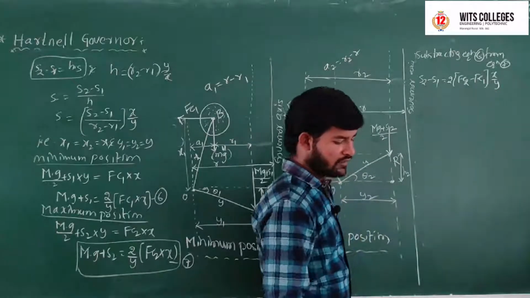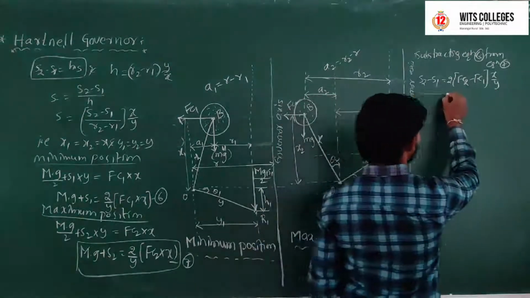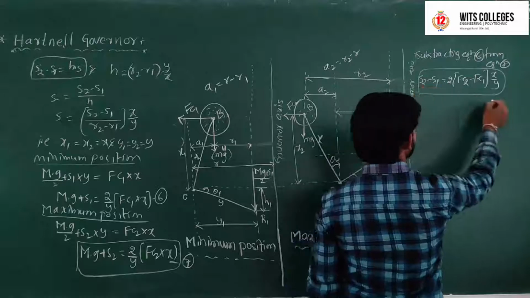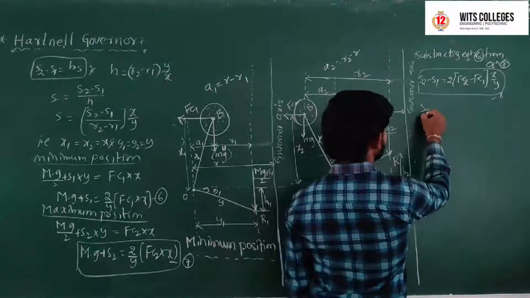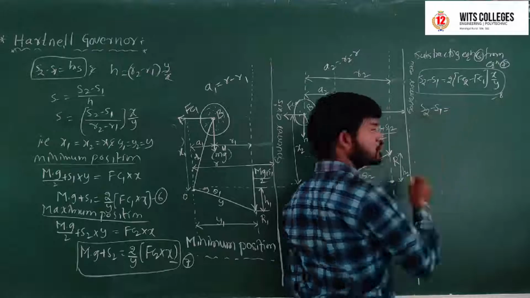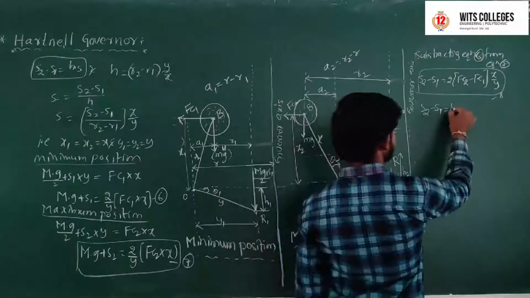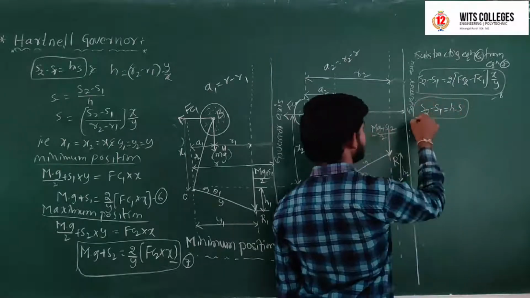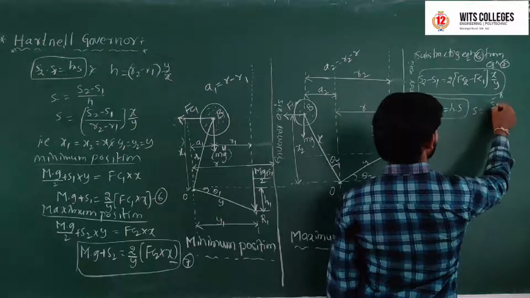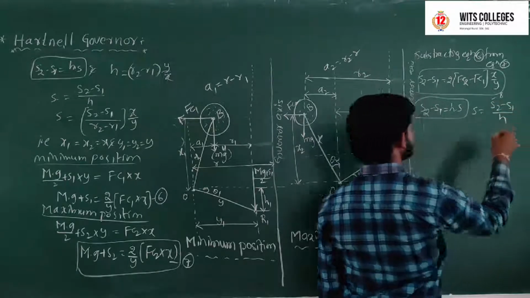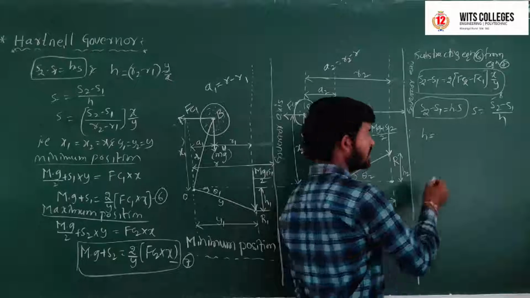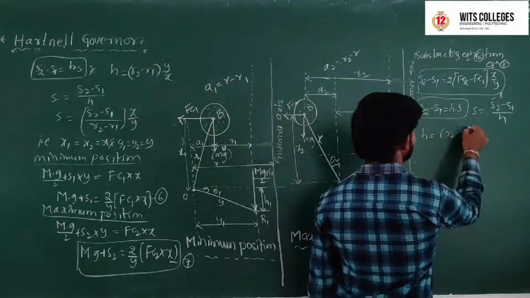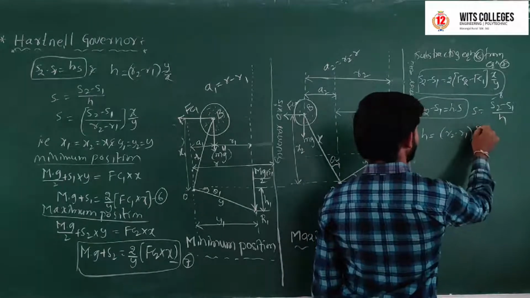Here we know that, this is the 8th equation, the value of s2 minus s1 equals h into s. We know that equation. Here s equals s2 minus s1 by h. The h value we already know, that is r2 minus r1 into y by x.